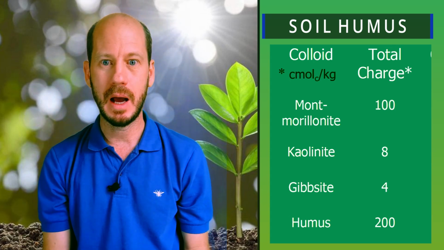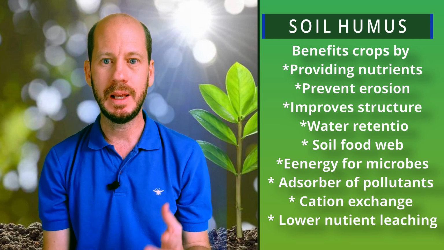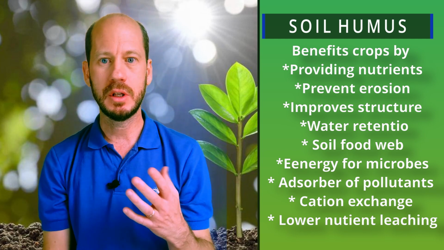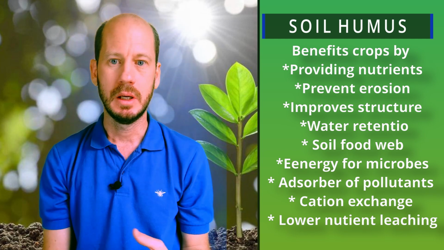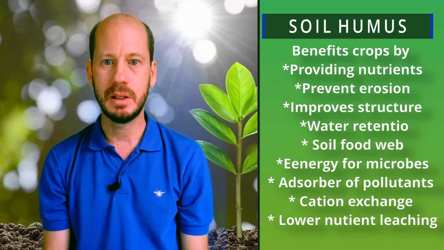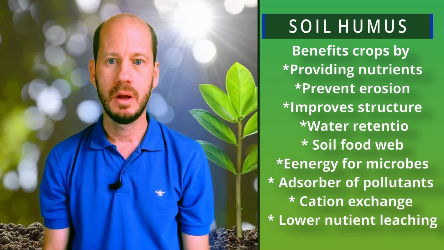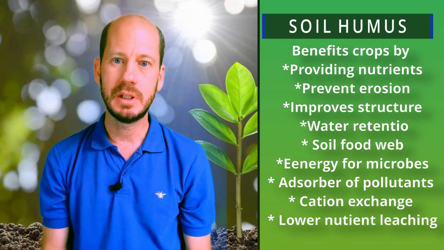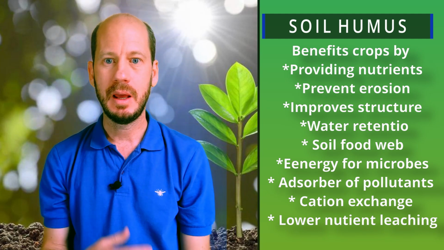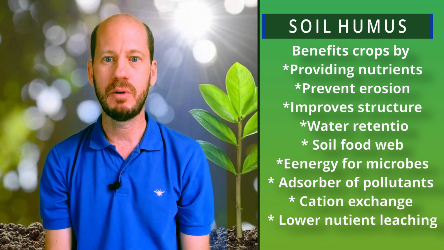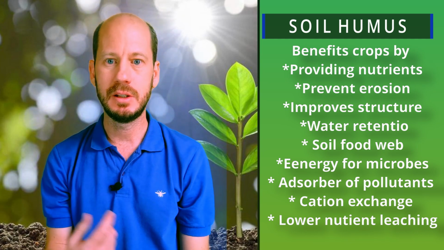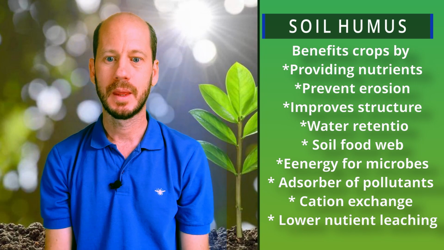So it can account for the majority of the charges of the soil, and these charges are how the soil holds the nutrients for the plants. If you have more charges, it means the ions of plant nutrients are being adsorbed onto this clay and this organic matter, and slowly released for the plant as the plant takes these nutrients from the soil solution.